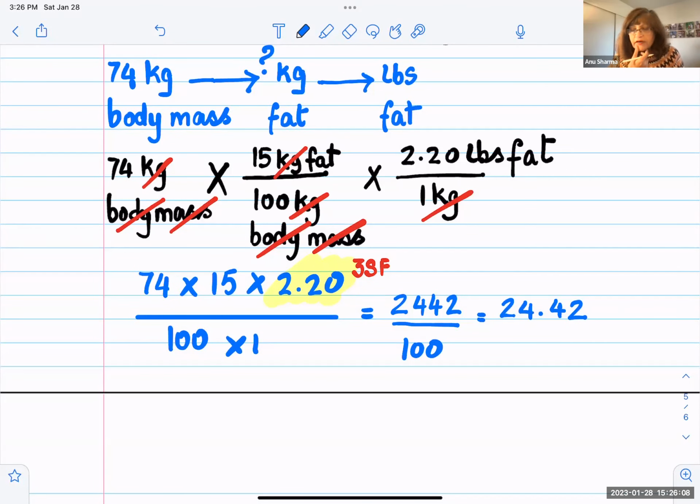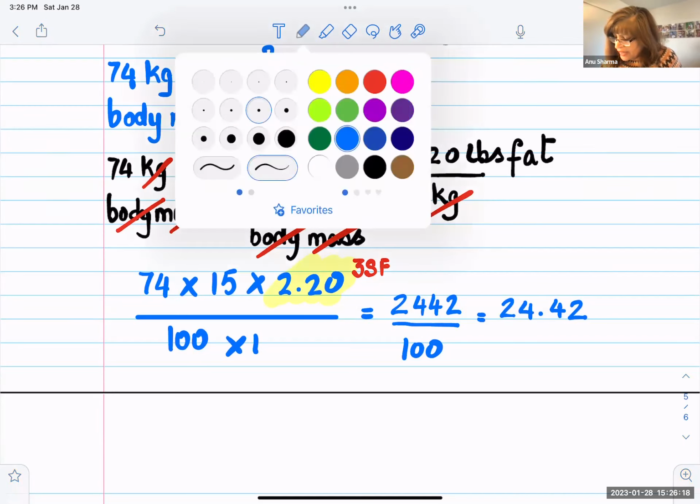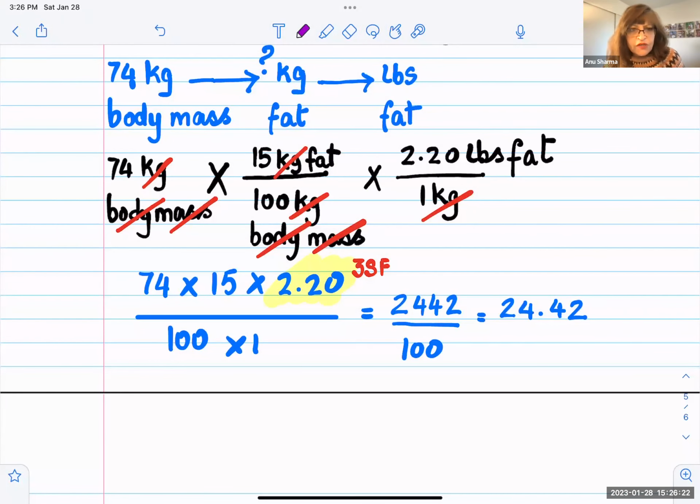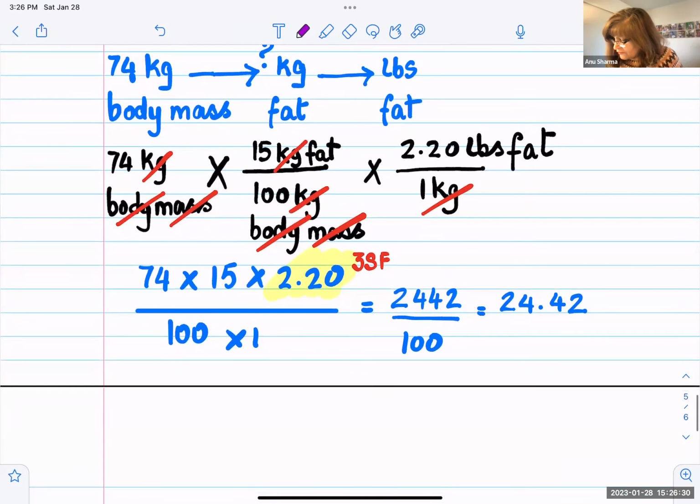Okay, guys, when you multiply and divide, you get 2442 divided by 100, and that's 24.42. Now, what should be the answer? Ideally, 3 significant figures, right? Exact numbers are not included if there is a decimal point. So you have 1, 2, and 3.